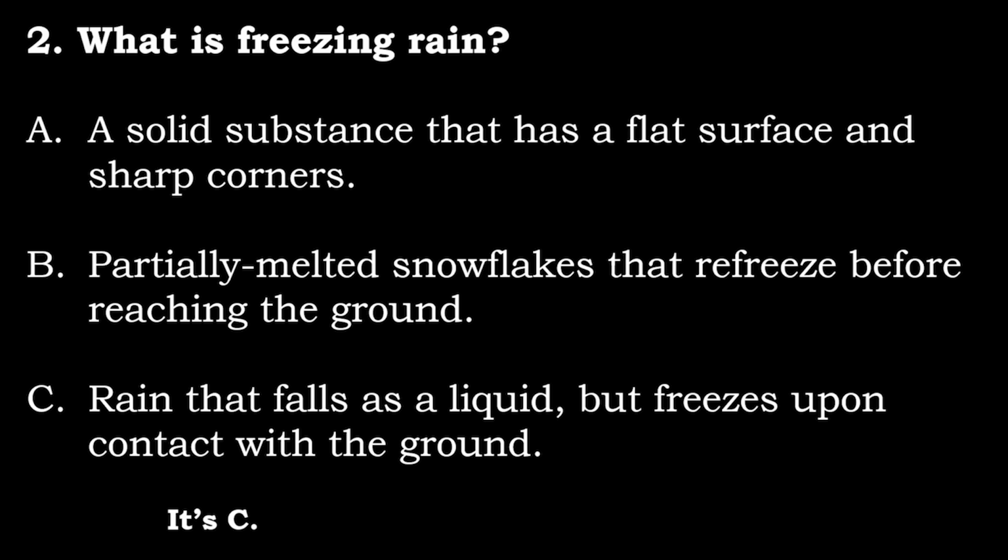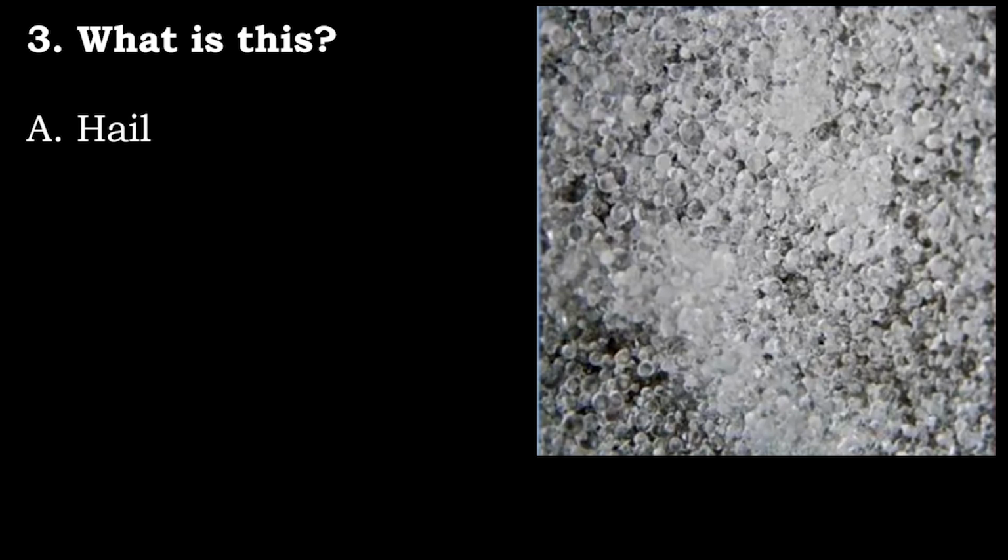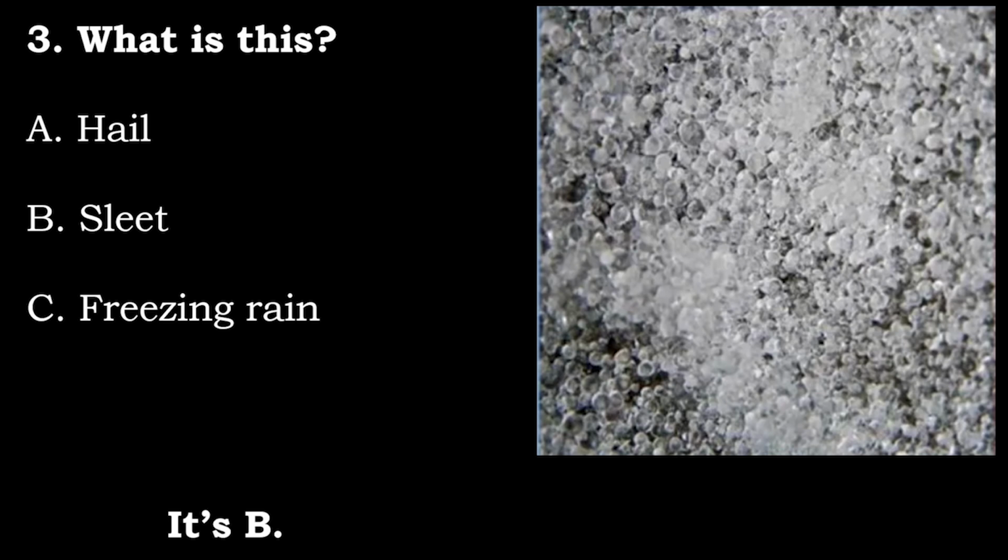The answer is C, rain that falls as a liquid but freezes upon contact with the ground. Number three, what is this? A, hail. B, sleet. Or C, freezing rain. The answer is B, sleet.